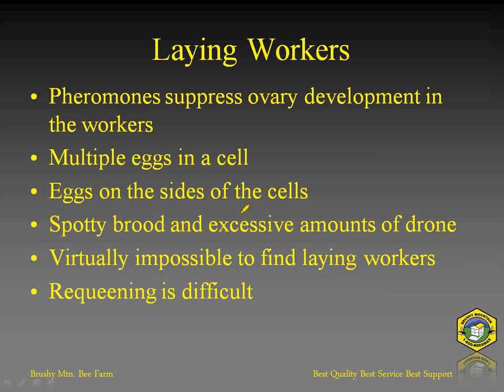However, they're not fully developed because they weren't fed that nutrient-rich diet that allowed them to physiologically develop into a queen. But they've got the reproductive system, it's just not developed. So as these pheromones diminish in the colony, it allows for these reproductive organs to develop slightly and allows these workers to begin to lay eggs, which they rarely would do otherwise.